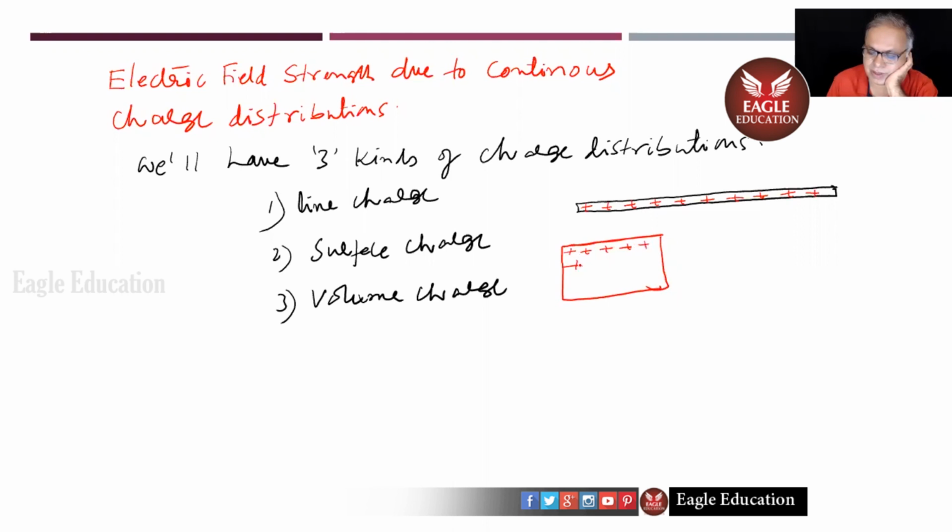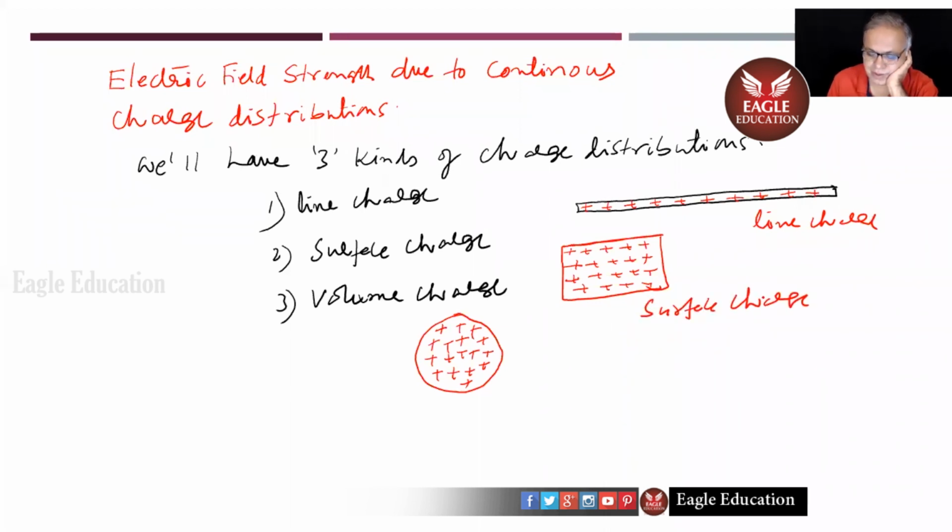What could be a volume charge? Charge implanted, for example, in a non-conducting sphere. Why am I saying non-conducting sphere? If it's a conducting sphere, charges won't remain in the body. They'll just go to the surface. So this is a line charge, this is a surface charge, and this is a volume charge.